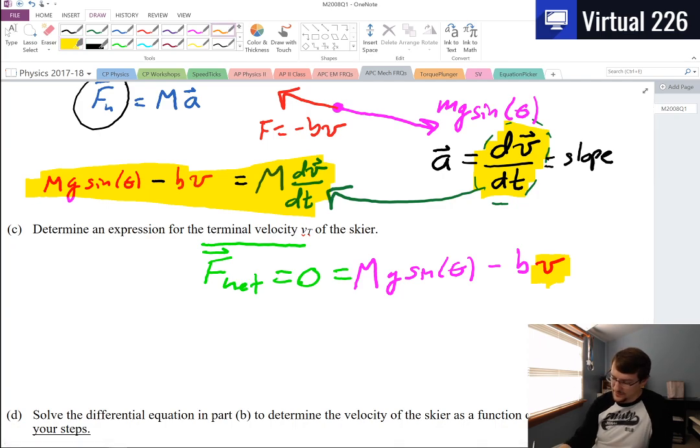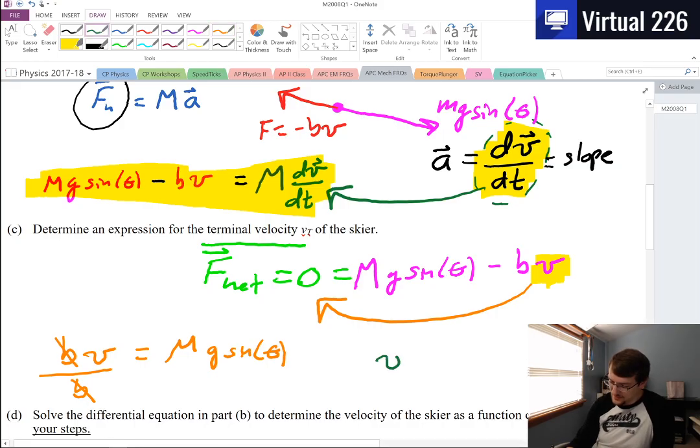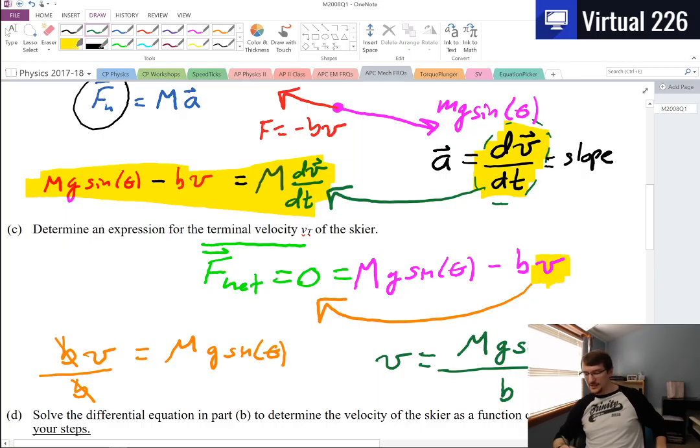So if I add bv over, I'm going to get bv equals Mg sine of theta. And then if I divide each side by b so that the b's cancel, we see that v is equal to Mg sine of theta divided by b. And boom, that's it.